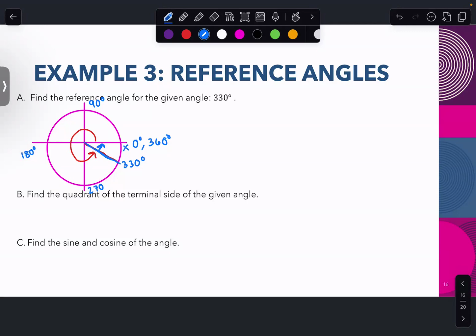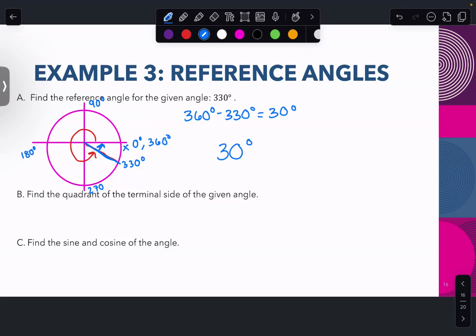And if I know that that x-axis is sitting at 360 degrees, and I'm at 330, I could just subtract those two numbers and find the difference, so I end up at 30 degrees. So the reference angle for 330 degrees is 30 degrees.